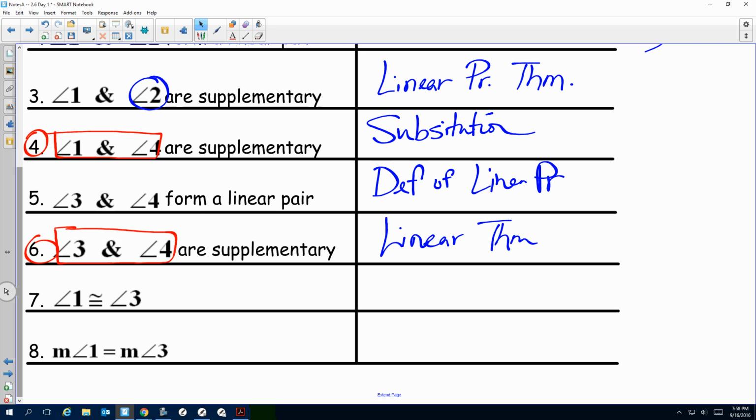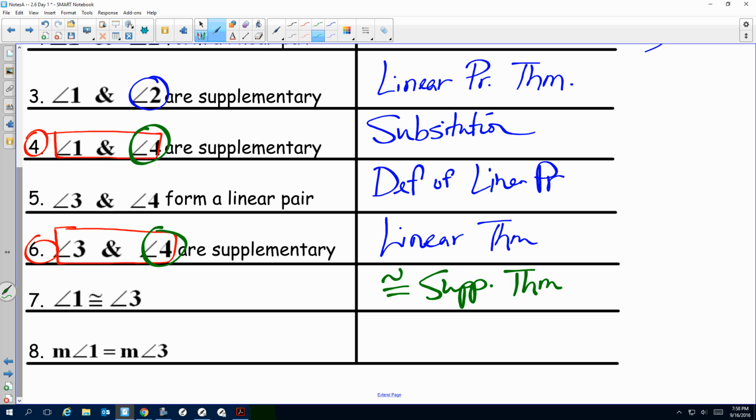What I was hoping that you saw was they're both supplementary, they're both a supplement to angle 4. So if they're supplementary to the same angle, then we can state that 1 and 3 are congruent by our congruent supplementary theorem.